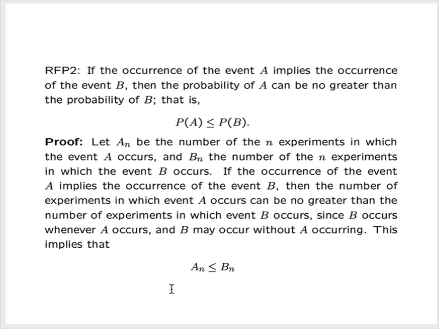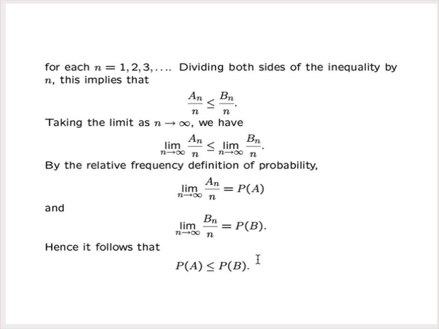The number of times that A has occurred out of the n trials is less than or equal to the number of trials in which B occurs. So we have this relationship between the counters that holds for all n. And then we can divide both sides of that inequality by little n, and because n is positive, the direction of the inequality stays the same.